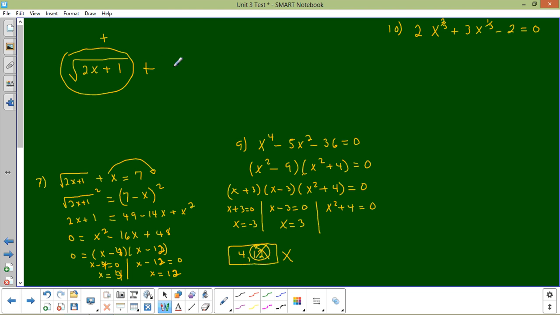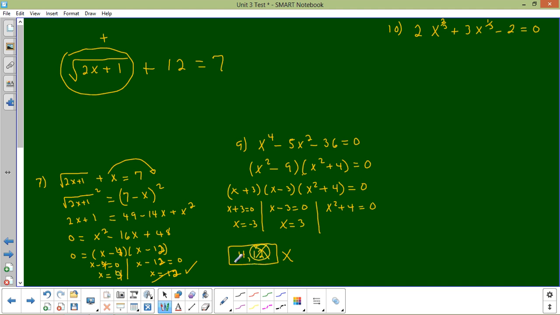Plus, suppose you think the answer is 12, and you're going to get 7. You're going to add 12 to a positive number and get 7. You sort of structure-wise can see that that answer needs to be rejected. So the only answer to question number 7 was x equals 4.